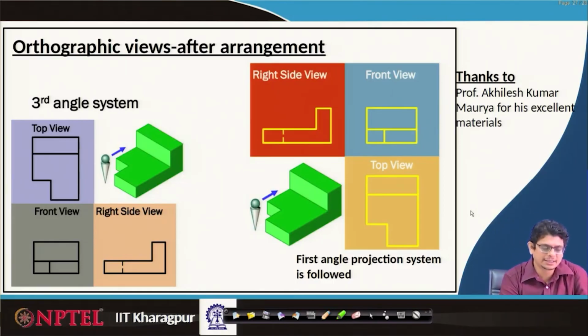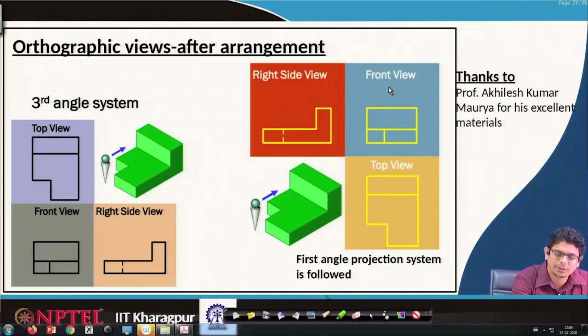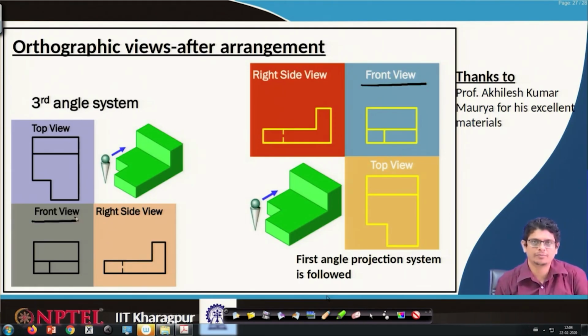In the third angle system, these views will be alternatively arranged. The front view, whatever is present, comes at the bottom level. In the first angle projection system, it is recommended to have the front view at top, the top view below that, and the right side view connected to this front view.